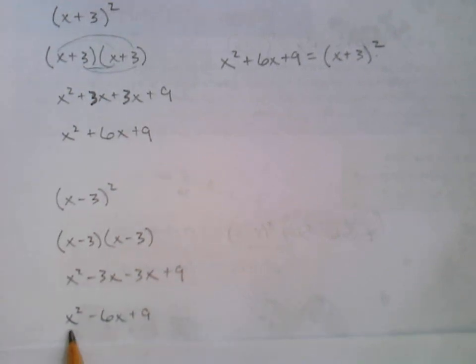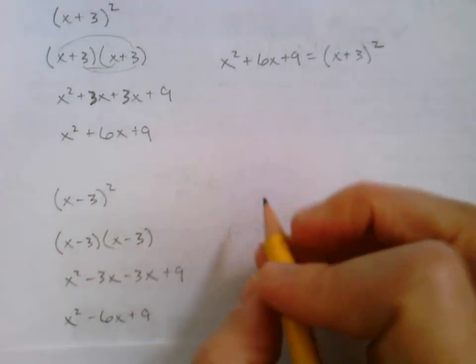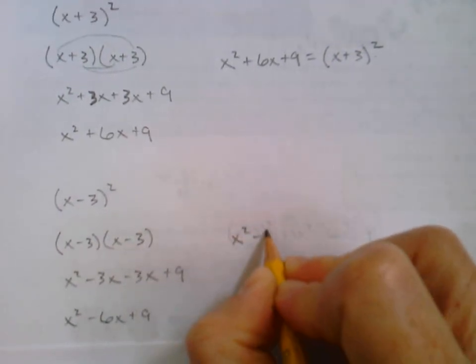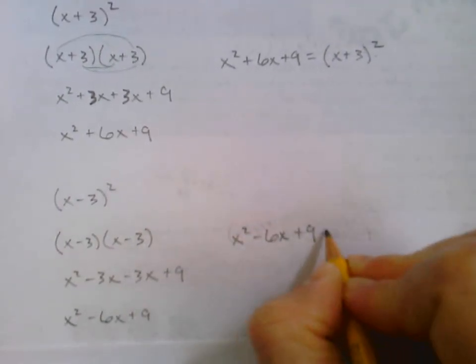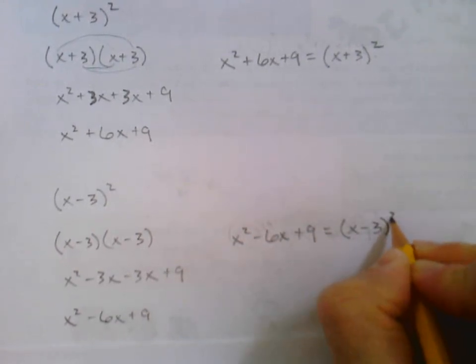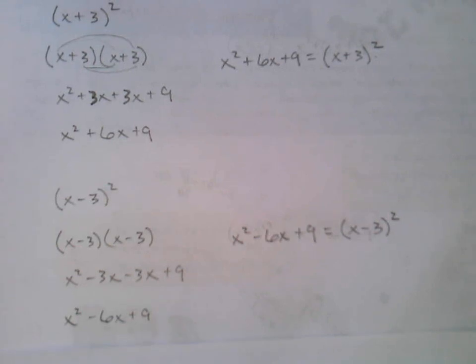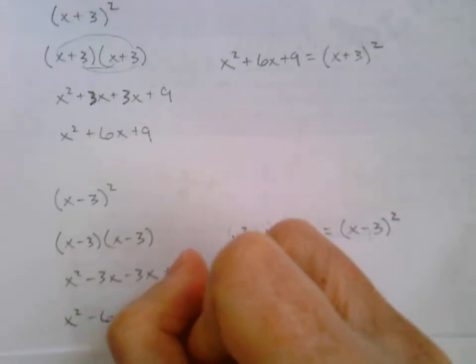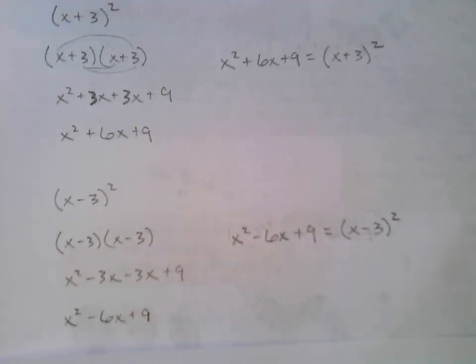This time it's x squared minus 6x plus 9, and that's equal to our first line, x minus 3 squared. Again, probably not pushing your skill abilities here, but that's okay. We're easing in as gently as we can.